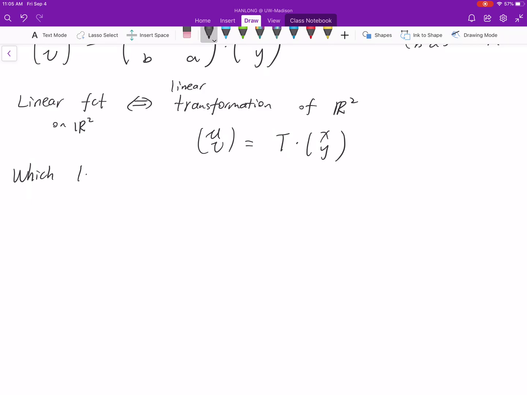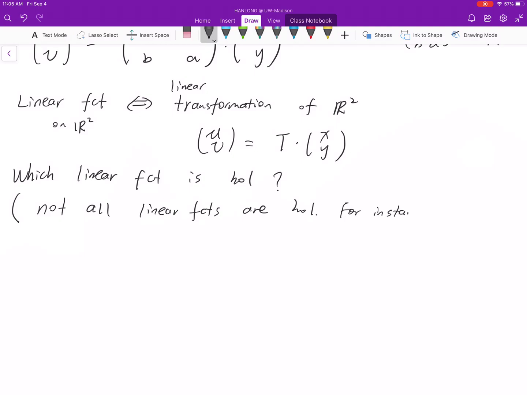And now, which linear function is holomorphic? Of course, not all linear functions are holomorphic. Because, for instance, x is not holomorphic.